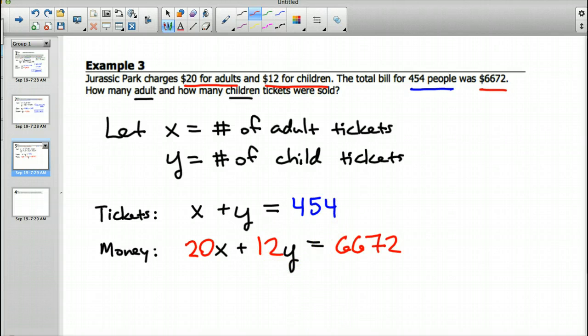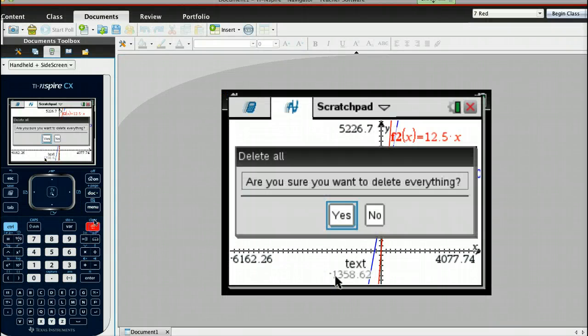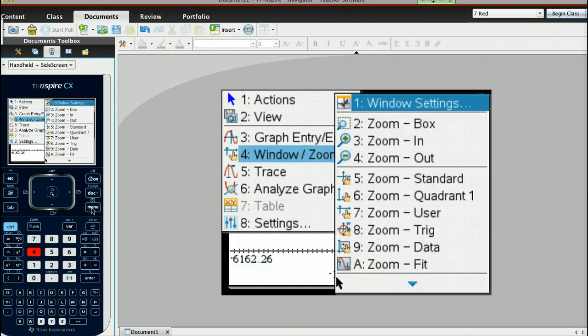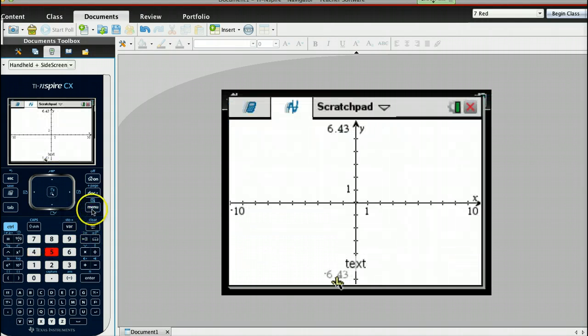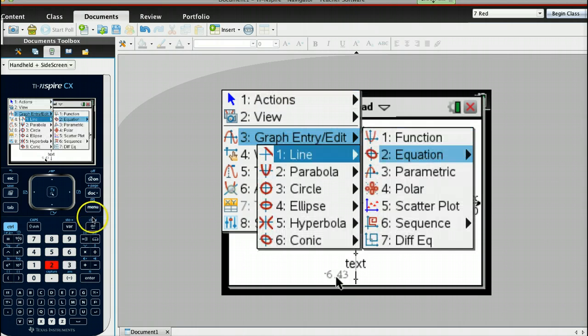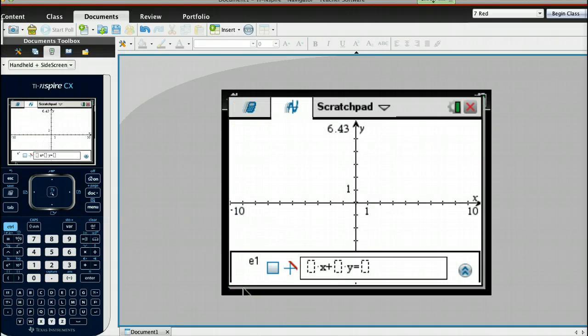And to find the answer for this, I can go to my calculator now. For this one, you're going to want to be in standard form, so go to menu 3, 2, 1, 3, because both of our equations are in standard form.